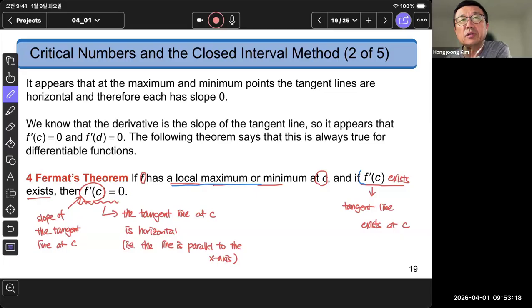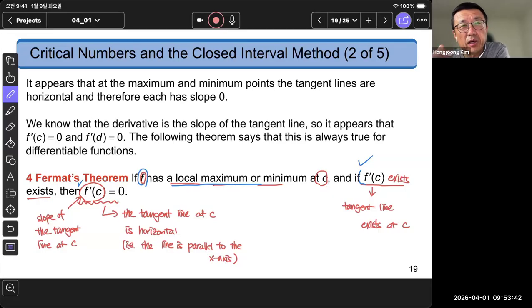So in other words, if your function has a local maximum or minimum at some point, then either f prime of c does not exist, or it exists but the value is 0. So that is the Fermat theorem.